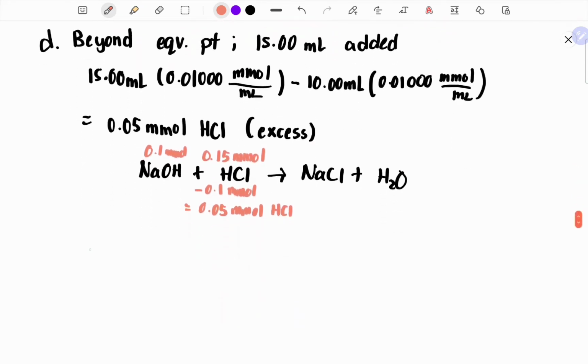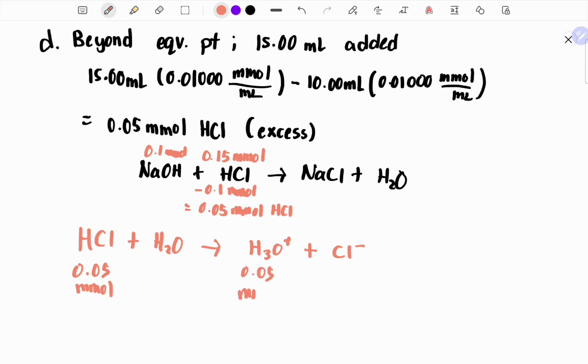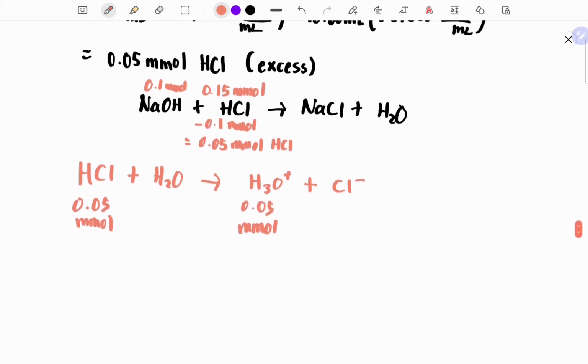Since hydrochloric acid is a strong acid, all of it is converted to hydronium ions. If we start with 0.05 millimole, we also end up with 0.05 millimole of the hydronium ion.